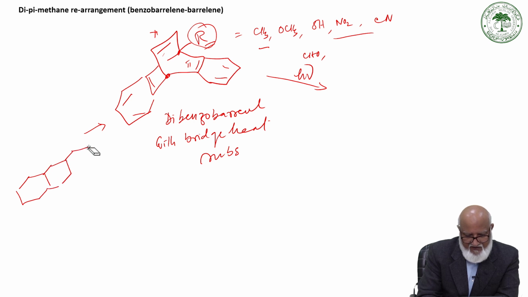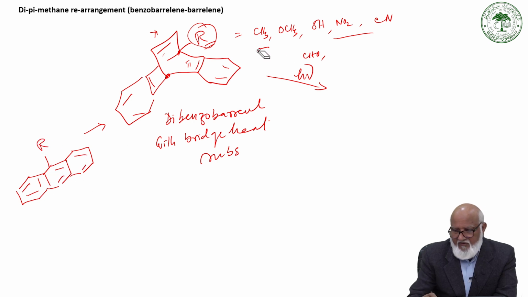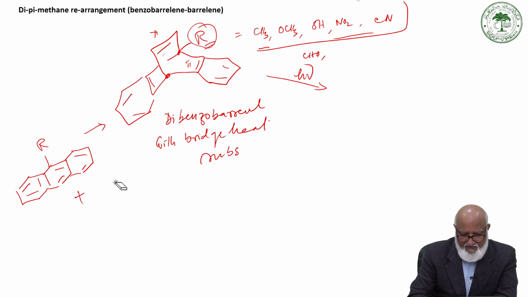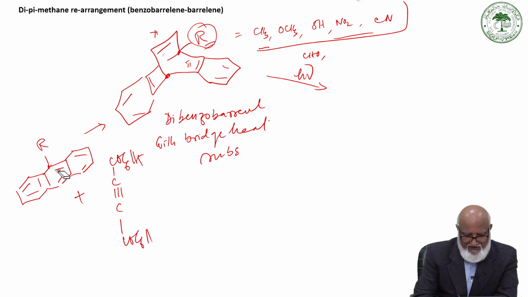So if we have an anthracene, you have a R here, depending all these substituents as R, plus dibenzoyl acetylene, COC6H5, COC6H5. This is 9 and 10.